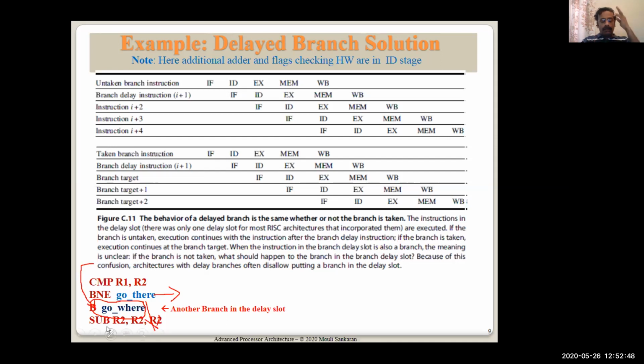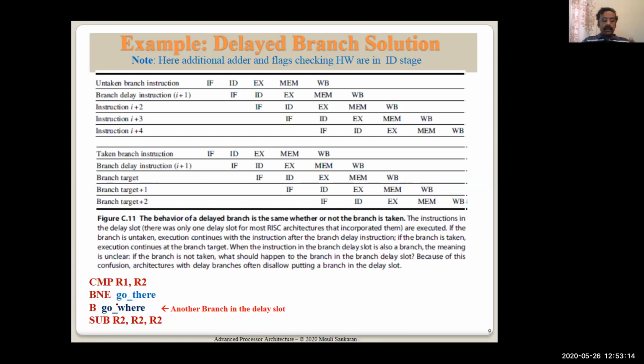Now, by mistake, a compiler guy has put a branch instruction there. Now what is happening? My intent was to go somewhere, but this guy has put another branch instruction, which is going to take me somewhere else. Then my intent of originally going somewhere is lost. Do you understand this? So what is the solution?